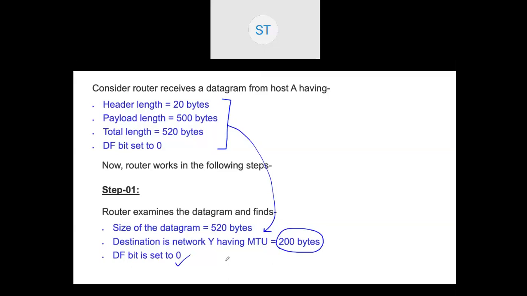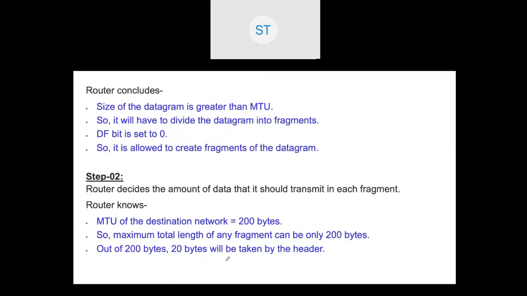Now we need to calculate how this 520 byte total length datagram gets forwarded into the 200 MTU network, because it will not travel as it is. We need to slice this into smaller parts, and that is called fragmentation. So MTU is 200, so the maximum length allowed in the network is 200.